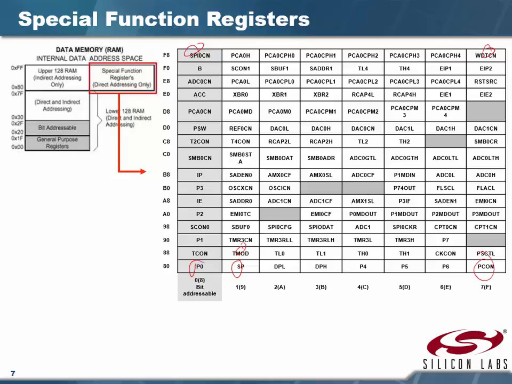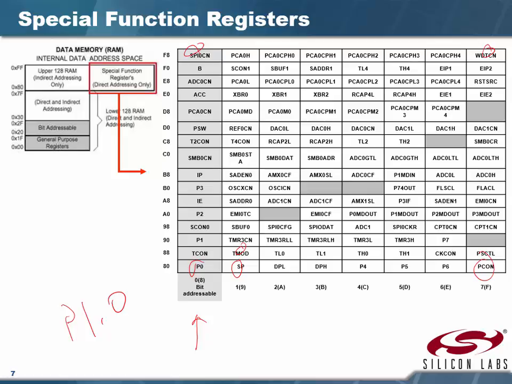Now, as we look at this, everything in this column is bit addressable. We can have a location called P1.0. Now, P1.0 happens to be port 1 bit 0.